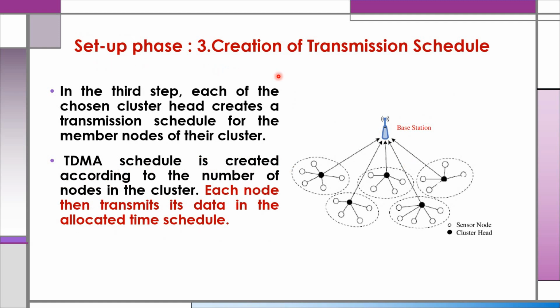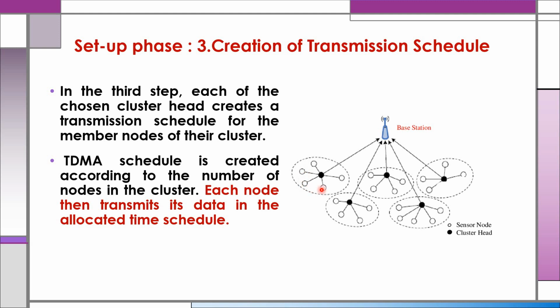The third one is creation of the transmission schedule. In the creation of the transmission schedule, first we have selected the cluster head. Second, we have created a cluster. The third process is that we have to communicate the information towards the cluster head.